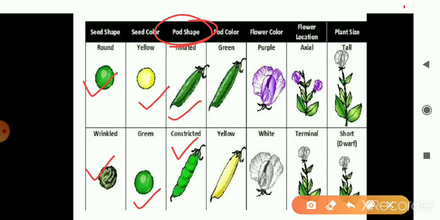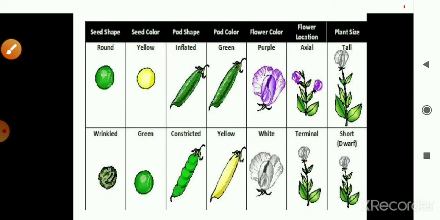The pod color was either green or yellow. No mixed trait was seen. The flower colors were either purple or white. Flower position was either axial or terminal, and the plants were either tall or short. So this is the main reason why Mendel selected this particular plant for his experiment.